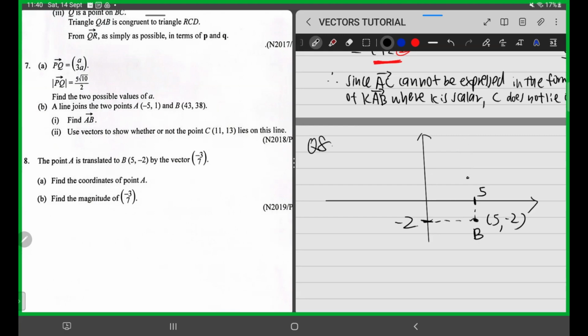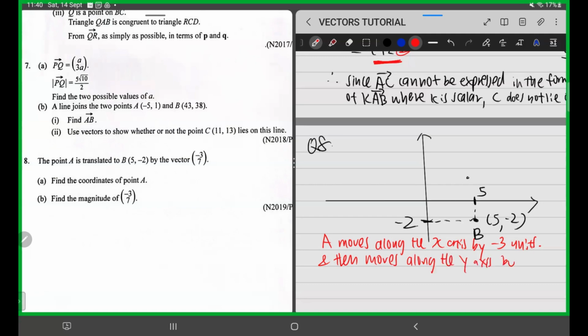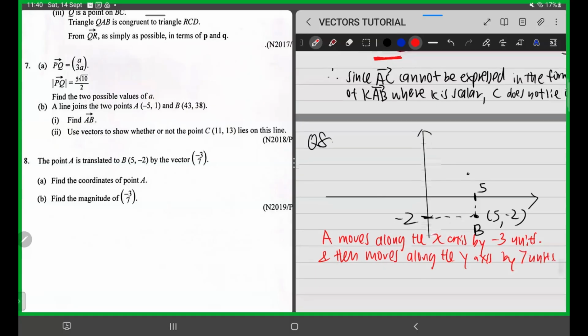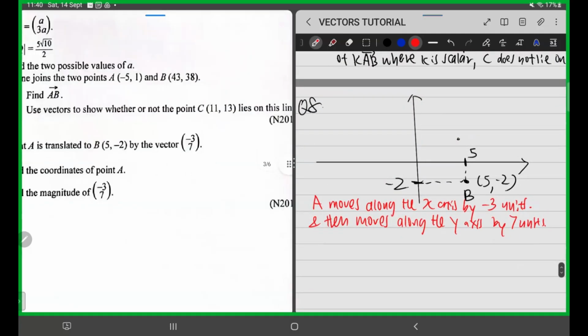And then they say if you translate it by vector negative 3, 7, that means A moves along the x-axis by negative 3 units, and then moves along the y-axis by 7 units. So that's what it means by translation of a vector.